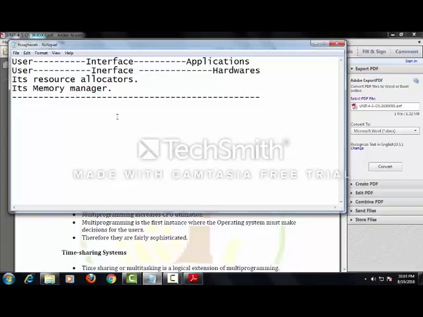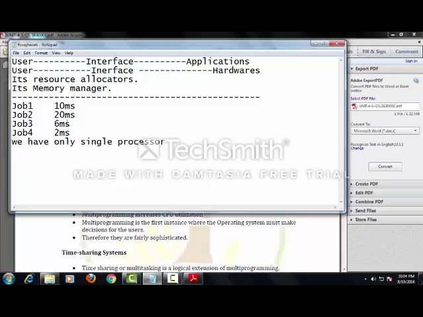Suppose I am taking an example here: job 1, job 2, job 3 and job 4. Job 1 has a burst time of, suppose, 10 milliseconds. Job 2 has a burst time of 20 milliseconds. Job 3 has a burst time of, suppose, 6 milliseconds, and job 4 has a burst time of 2 milliseconds, and we have only a single processor.